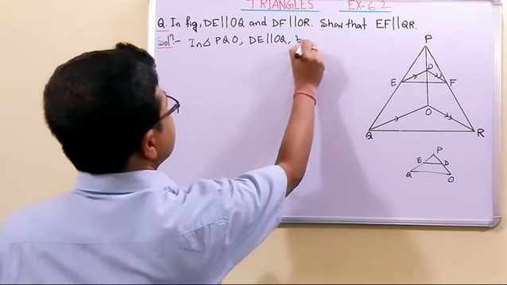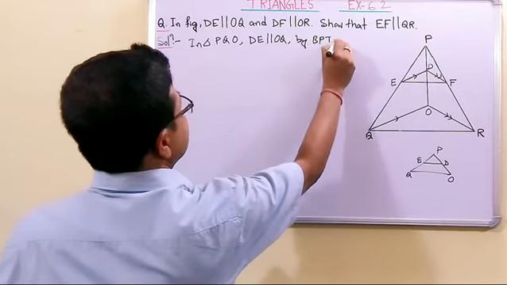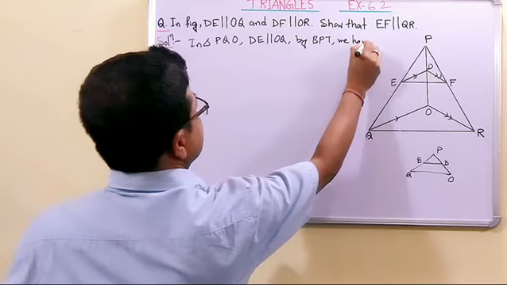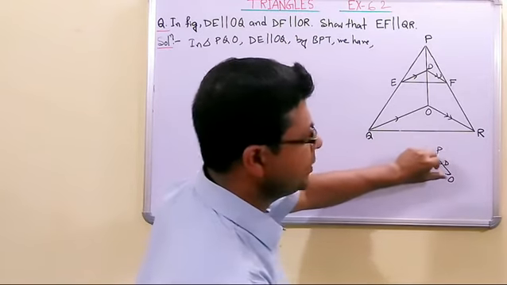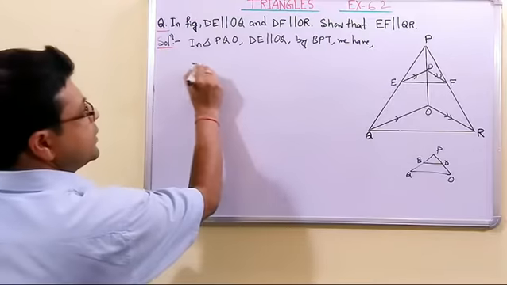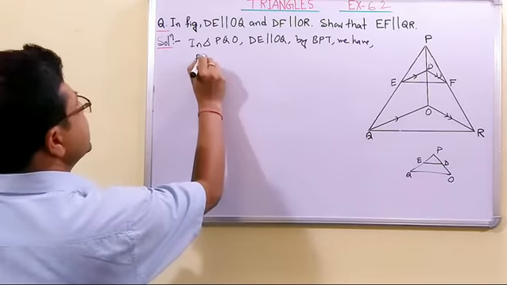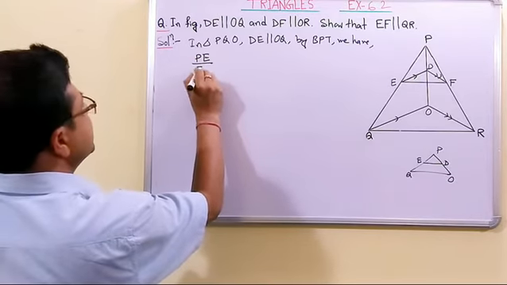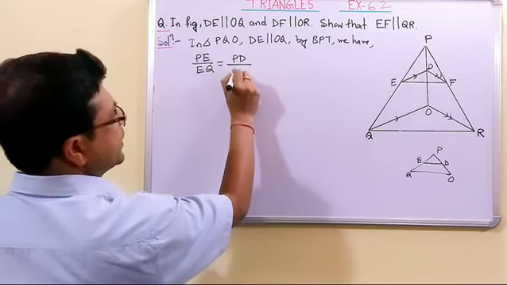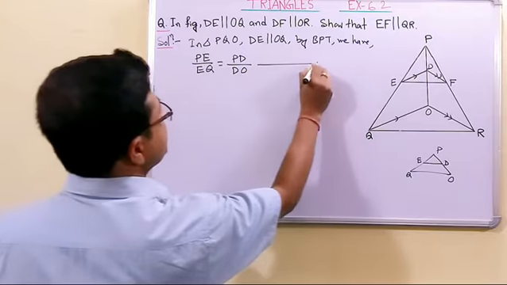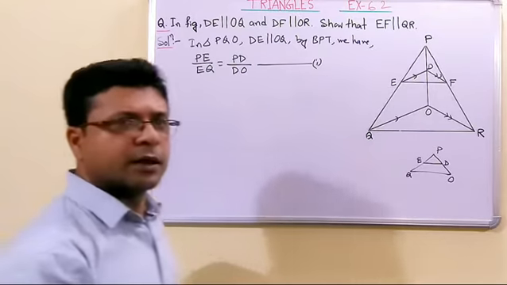So by BPT, we have PE by EQ is equal to PD by DO. This is equation 1. Alright.